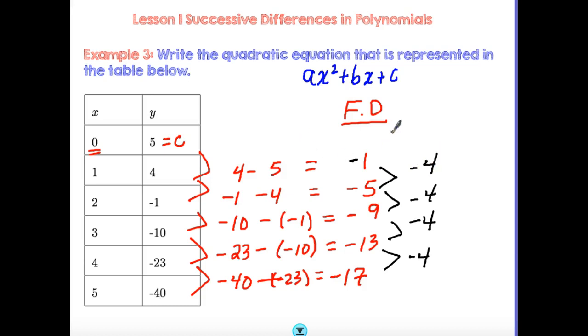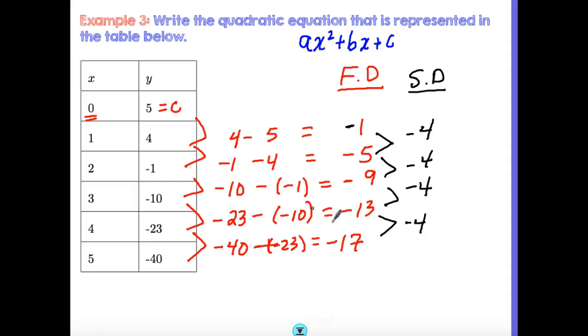So look, second differences now is the same number. It's a constant, so that's great. So what we do here now is we set negative 4 equal to 2a. So a equals negative 2.